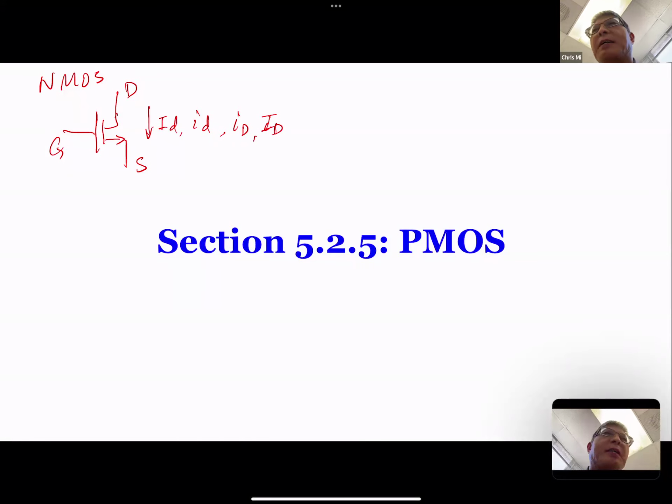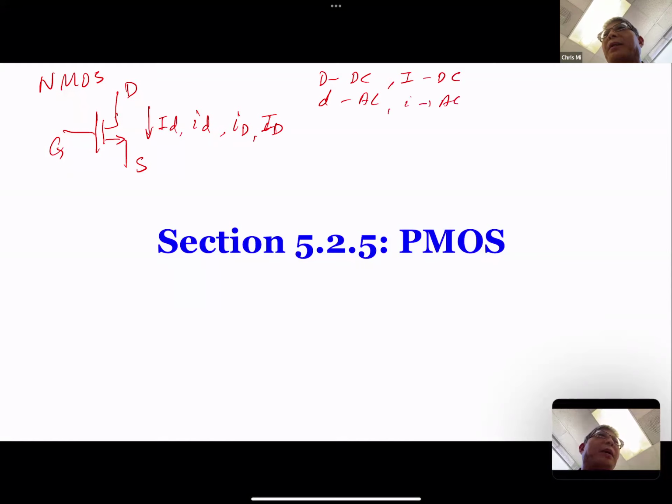Sometimes we use them interchangeably, but typically capital D means DC, lowercase d means AC, and capital I means DC, and lowercase i means AC. So sometimes we possibly use them interchangeably. It's okay. Same thing for voltage.